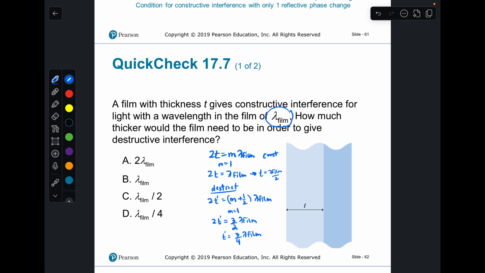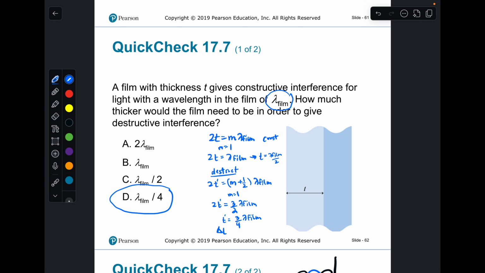And so how much bigger is 3/4 lambda film than lambda film over 2? It's bigger by 1/4, right? 3/4 is larger than 1/2 by 1/4. And so therefore, the film must be thicker by an amount equal to lambda film over 4.